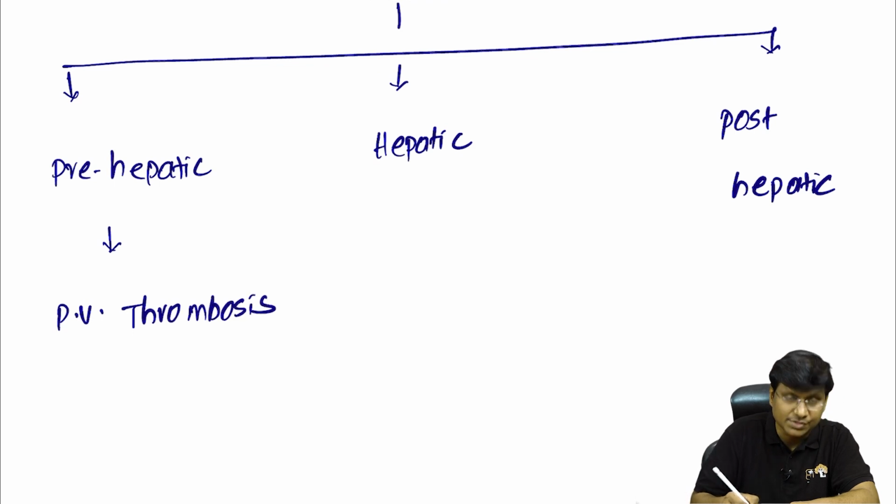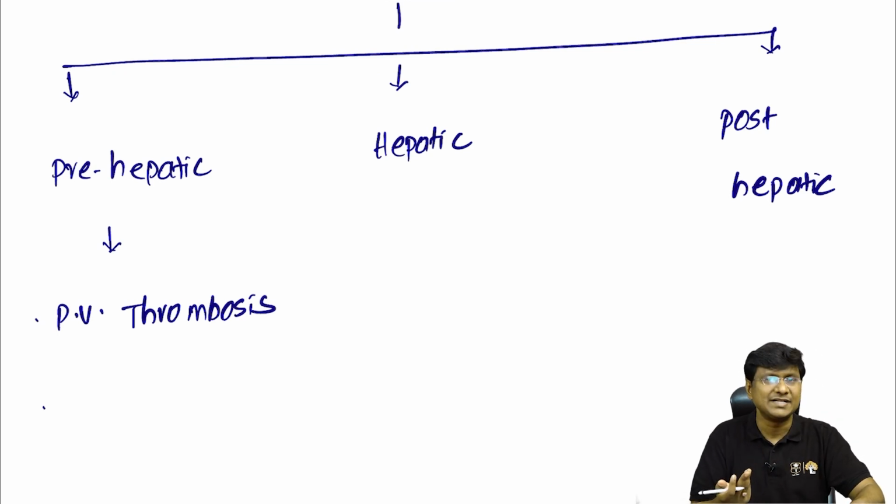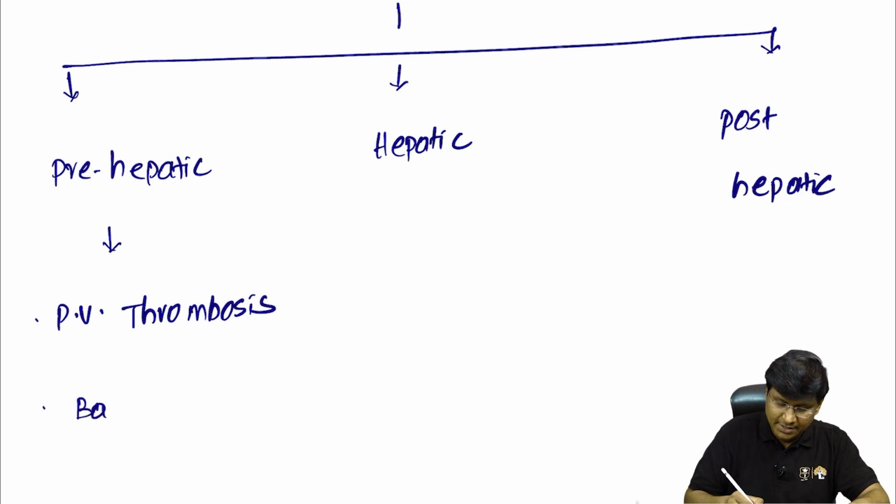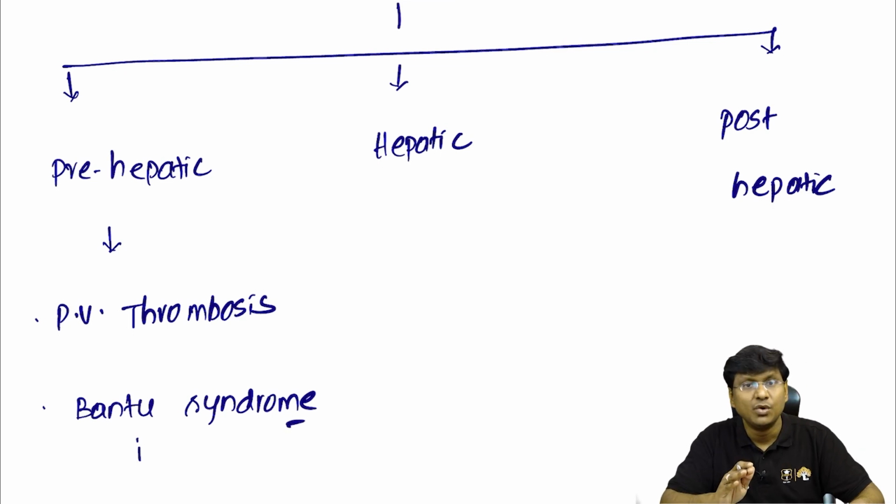Portal vein thrombosis. And apart from that, we have a syndrome called Banti syndrome, also called Bantu syndrome. Now, what exactly is this Banti or Bantu syndrome? In these patients with Banti syndrome, there will be massive splenomegaly because of the portal hypertension.